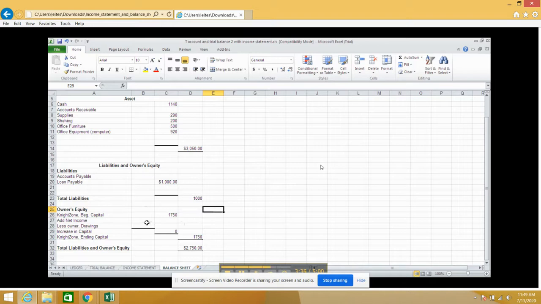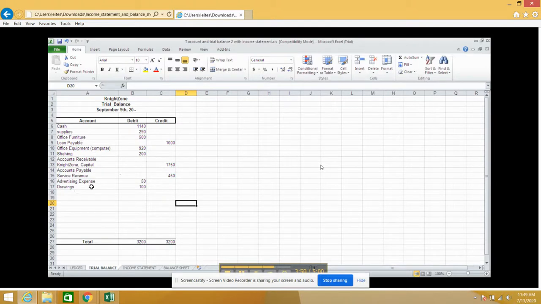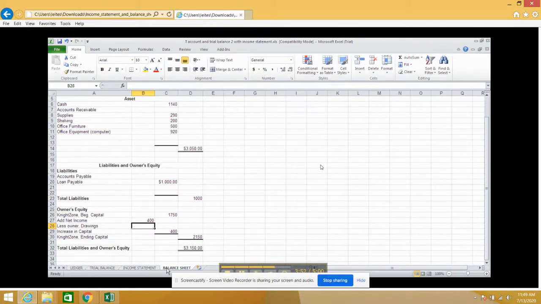And we need to add the net income. The net income was from the income statement, and we can recall that it was $400. And we need to decrease the amount by how much we took out in drawings. And in this case, back to the trial balance, it was $100. So all of our numbers are in.